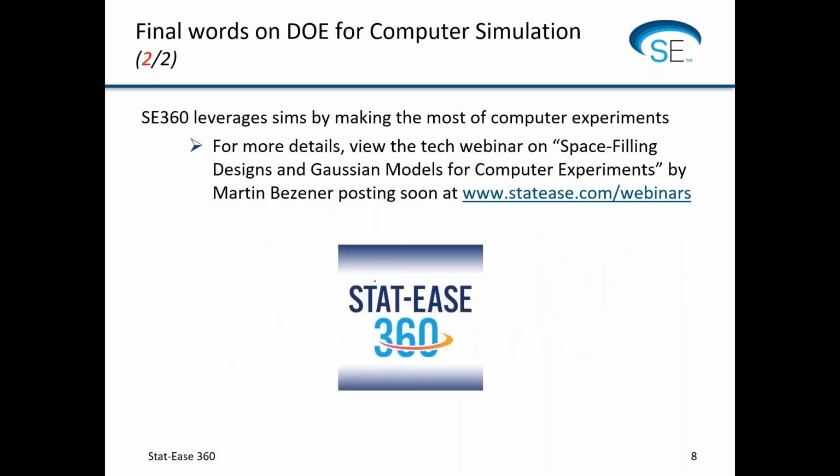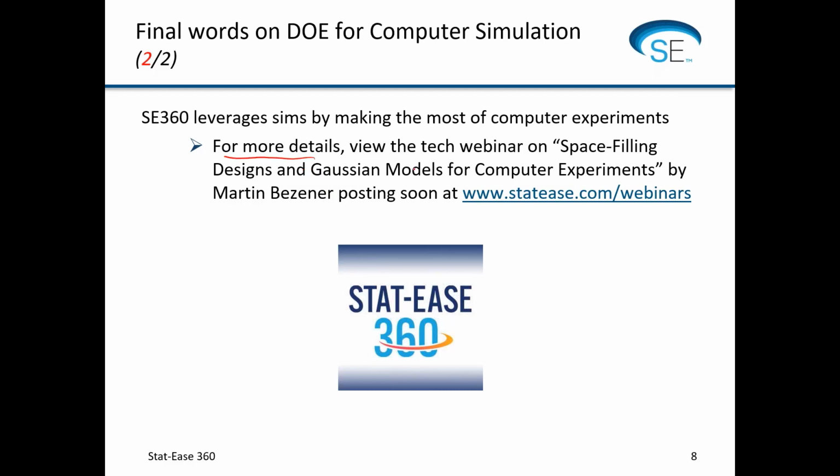So the final words are that these tools in StatEase 360 will leverage the use of computer simulations by allowing you to save time on very costly runs on the simulator, developing a function and using that to make your final design.